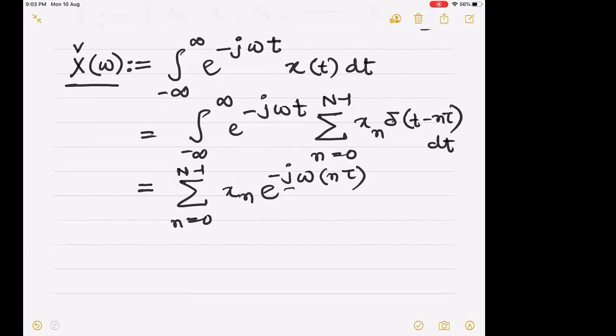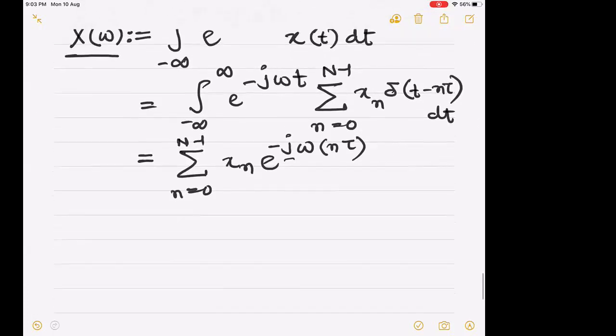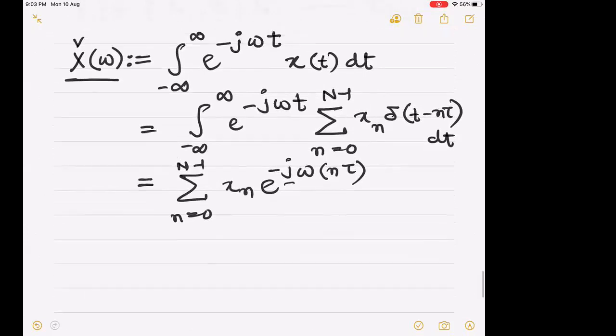Now what we see here is this as a function of omega. In order for me to know this X check of omega, I actually don't need to know it at all frequencies, all values of omega. Why do I say this?